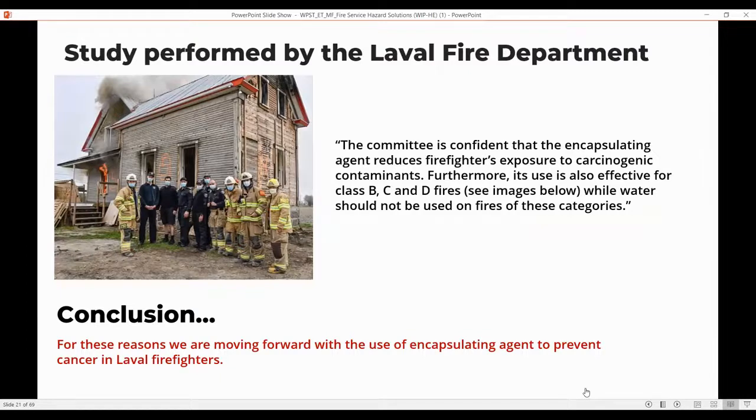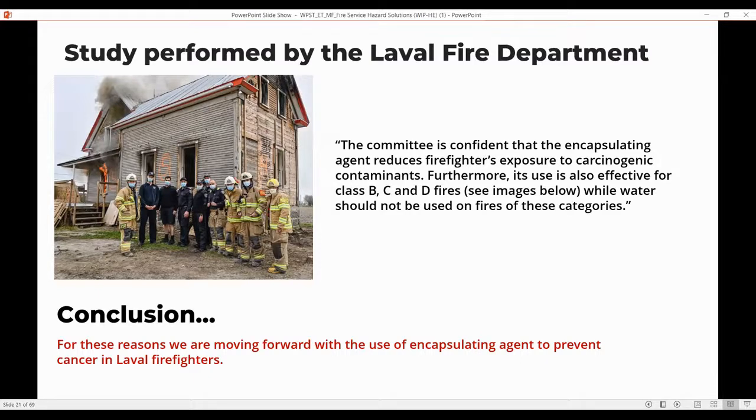Recently, we were shared a study by the Laval Fire Department from Canada. The Laval Fire Department is the third largest department in the province of Quebec. They did a multi-month, I believe it was a 6-month study on F500. As part of that testing, they did the burns in an acquired structure, where they did comparative burns using water and then F500.